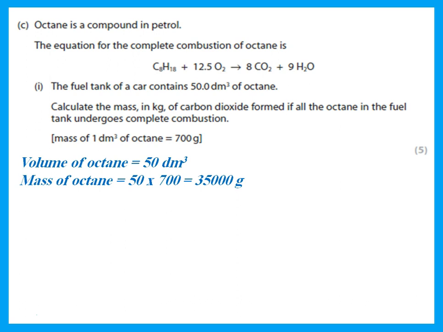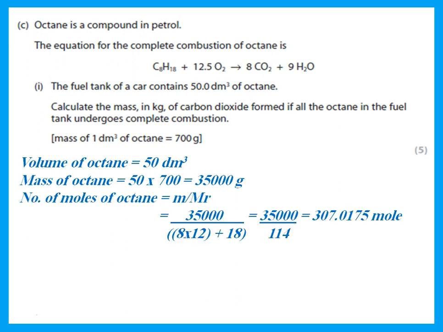Then, in order to continue, I have to get the number of moles. So number of moles of octane, you should remember, is mass over molecular mass. So the mass that we got over the MR of octane, which is C8H18. You should be able to calculate its MR. That gives me a certain number of moles.